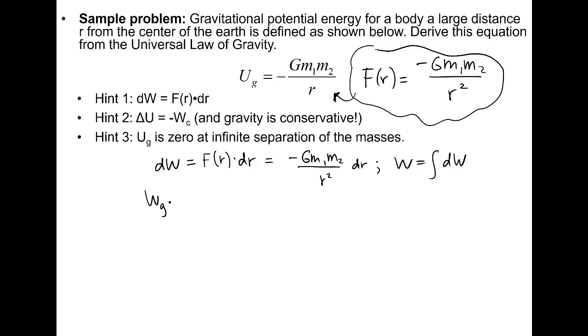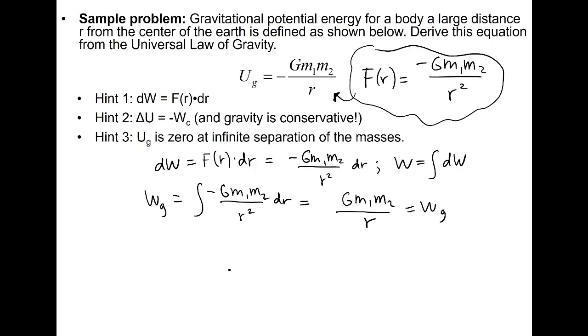So that means that the work that gravity does is the integral of negative G m1 m2 over r squared dr, which is going to give us G m1 m2 over r. Okay, so that's going to be the work done.